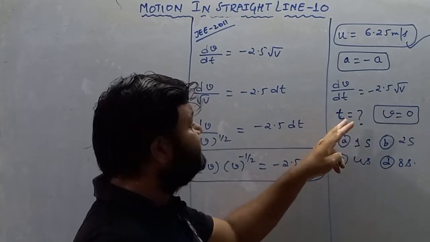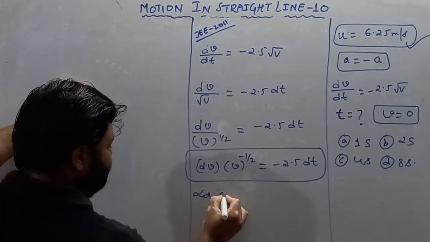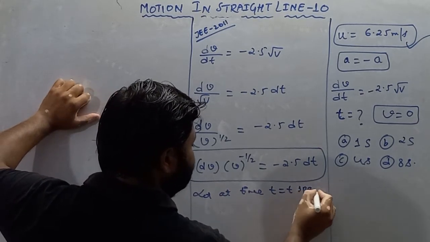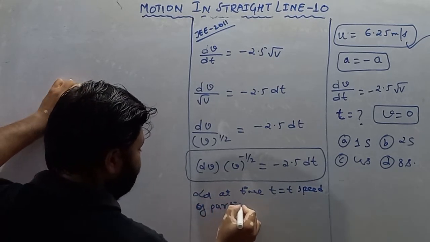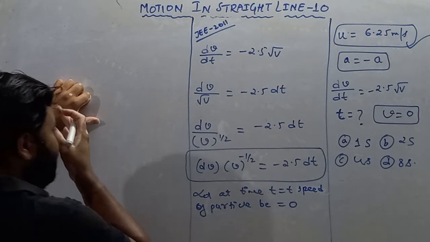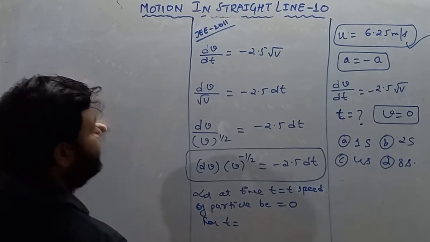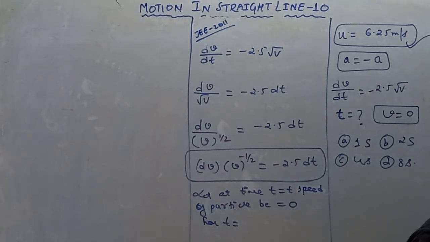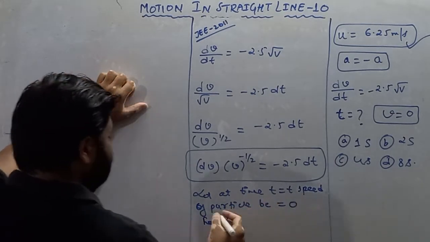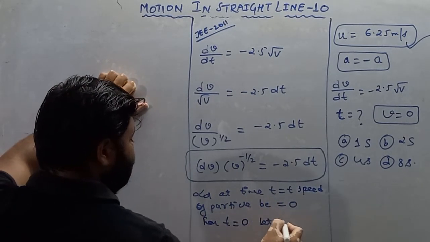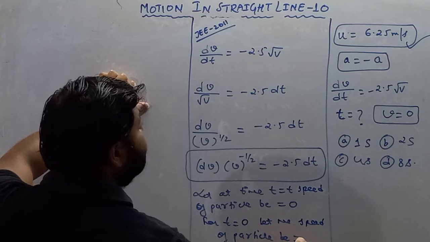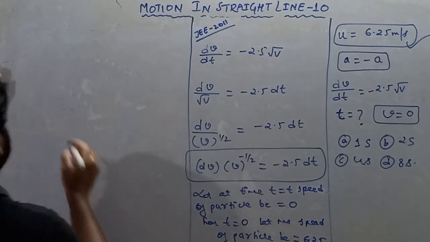They are asking for time, so let at time t is equal to t, the speed of the particle be 0, and for t is equal to 0, initially, let the speed of the particle be 6.25. So integrating both sides.